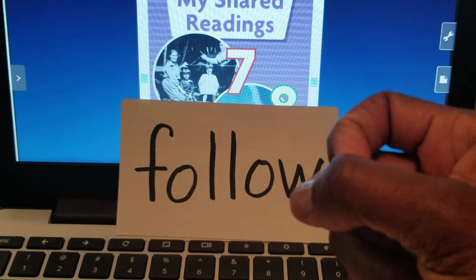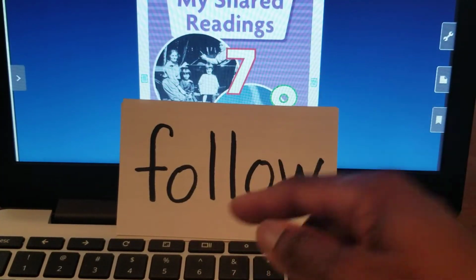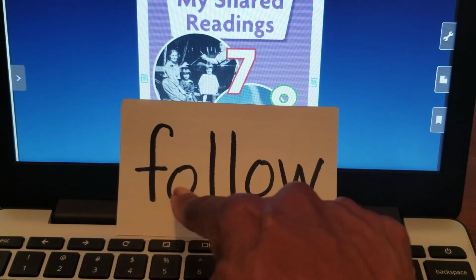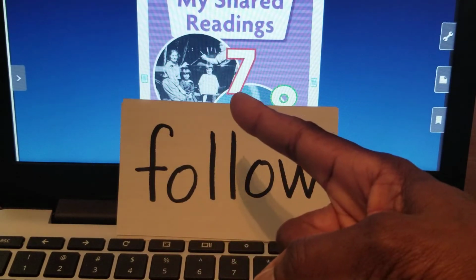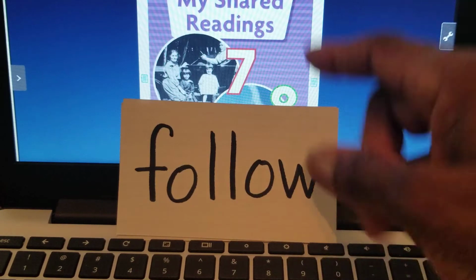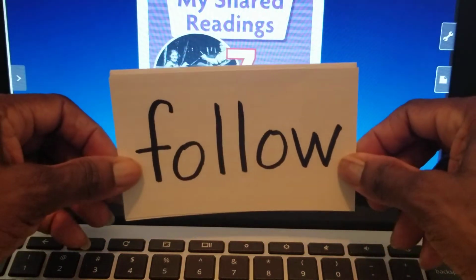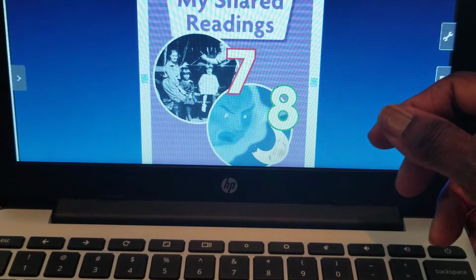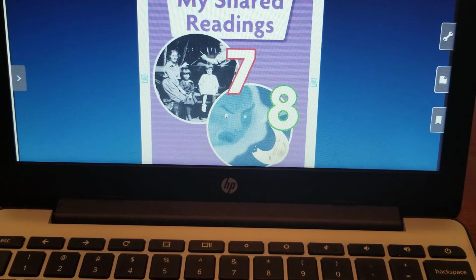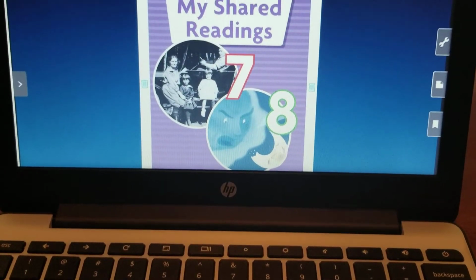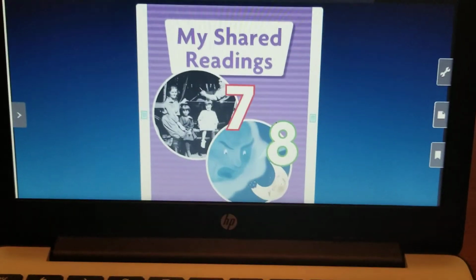We usually clap syllables, or we can count syllables. So the first syllable, fall, low, follow. Okay, that was an extra word for our long O spelling, and also a two syllable word.